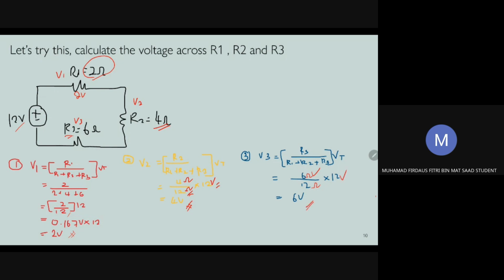So you get 4 volt. V3 is equal to R3, R3 is 6 ohm, divided by R total, which is 12 ohm, times 12 volt. So you get 6 volt. 6 plus 4 plus 2 is 12. Is it okay until here? This is just a refreshment only, the easiest one.